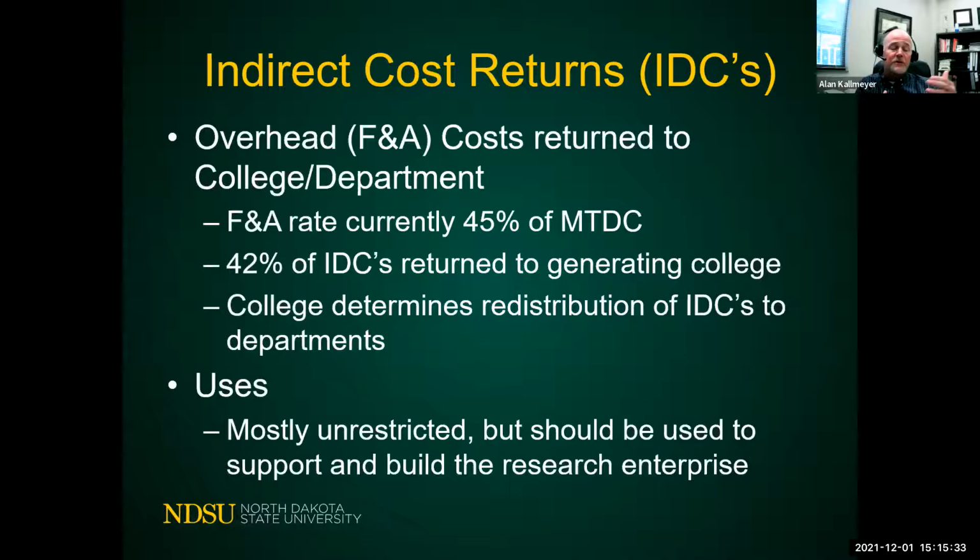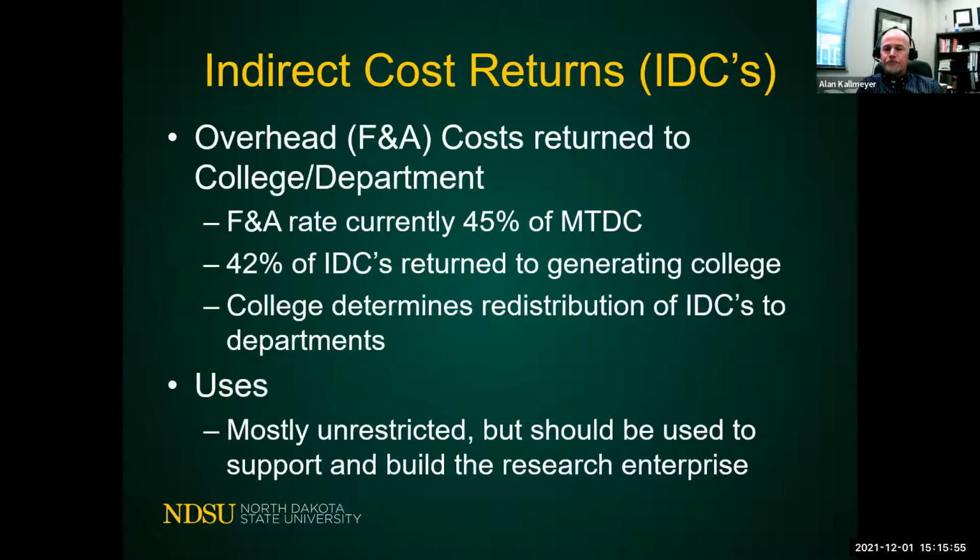Or you might have a senior faculty member that's in between grants and needs some help covering some research expenses in between. So the IDCs that come back are fairly unrestricted, but philosophically, the intent is you should use those funds to enhance what you're doing on the research side.